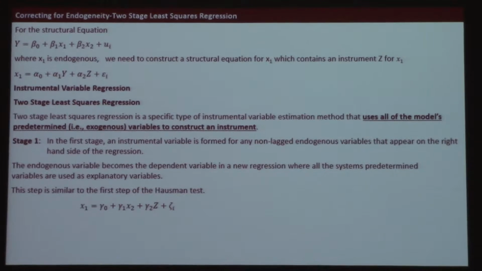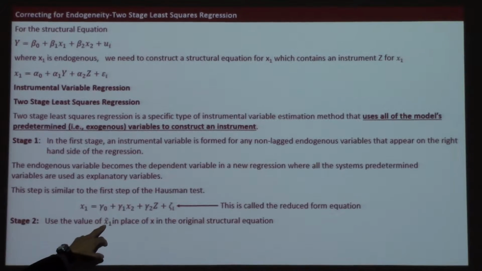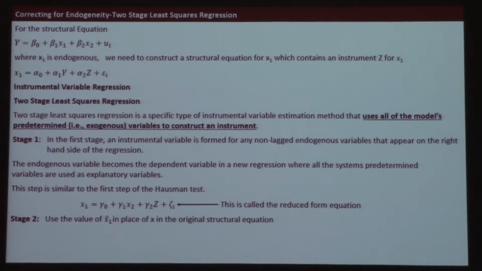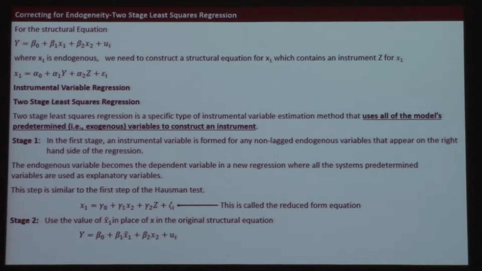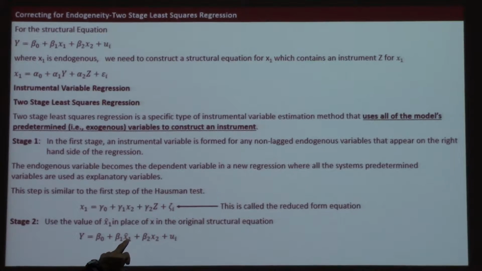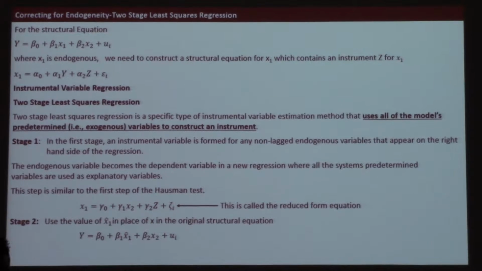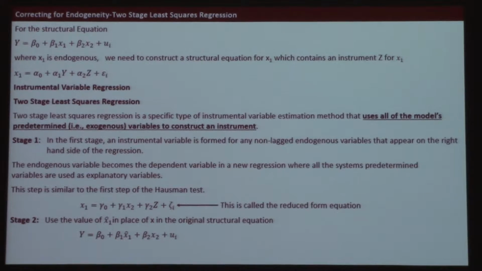This is similar to the first step of the Hausman test, which we call the reduced form equation. We're going to save the predicted value, so predict hat. We're going to have x1 hat. And we're going to use x1 hat in our regression instead of x1. So we use our instrument in place of it there, and that'll give us a more accurate measure of x1 on y.